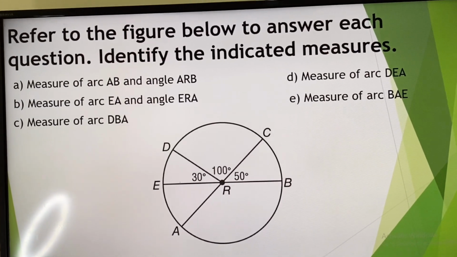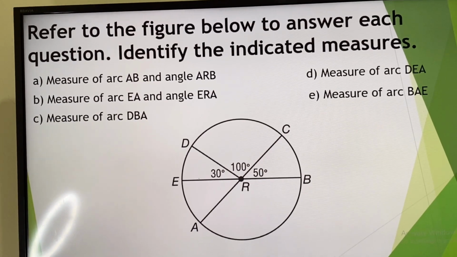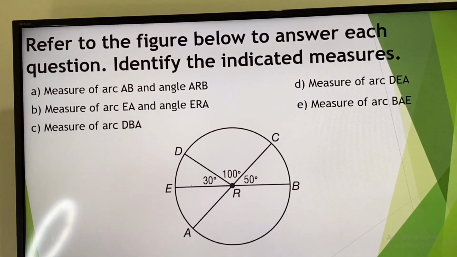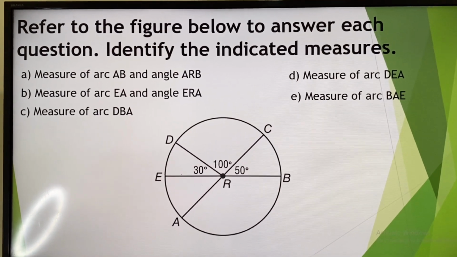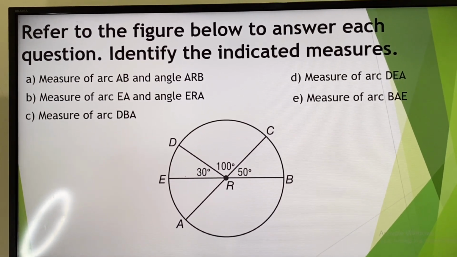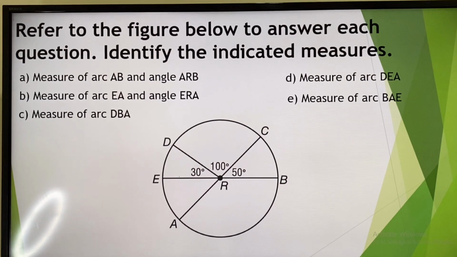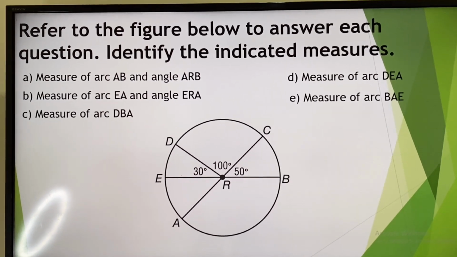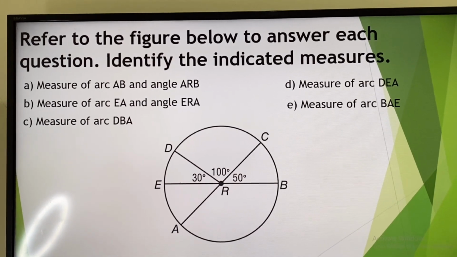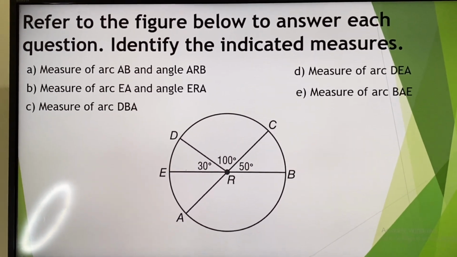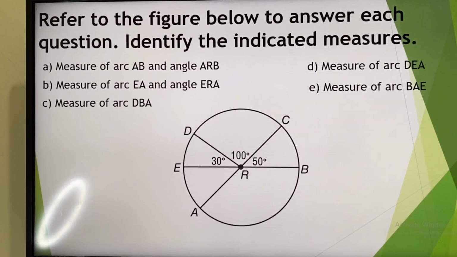So let's try this problem. Refer to the figure below to answer each question. Identify the indicated measures. For letter A, measure of arc AB and angle ARB. They have the same answer.